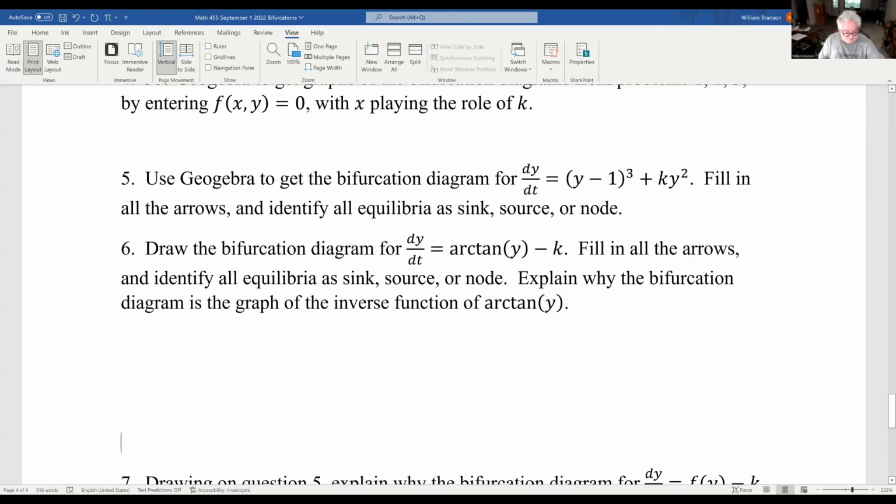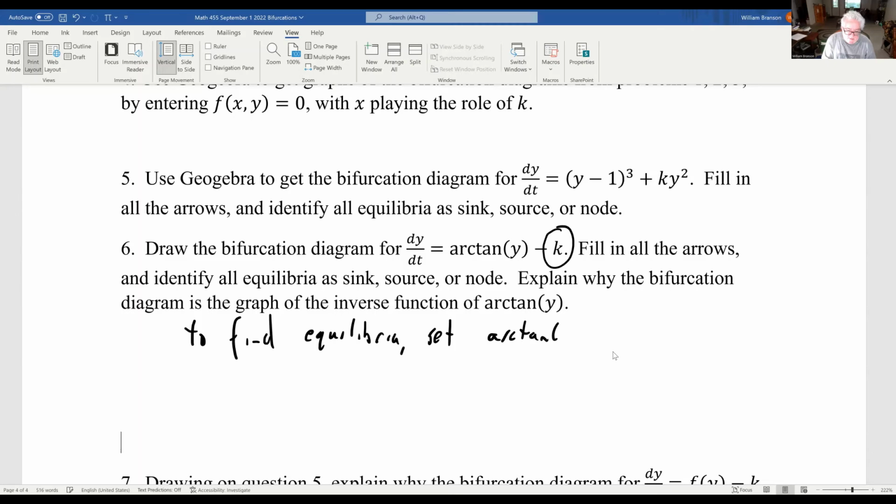This is one of these interesting things about these cases where you have a function minus k, but that becomes arctangent of y equals k.